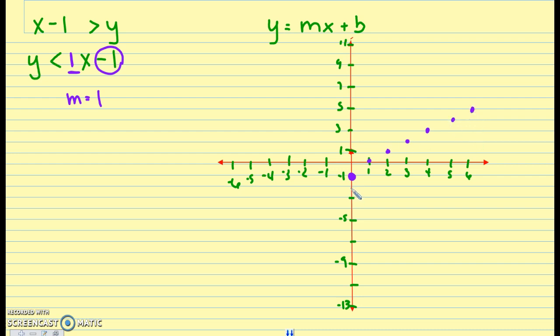I could also go down 1, left 1 if I so chose to do so. It doesn't quite matter. And of course, when I'm doing this, I want to draw my line that connects through all my points.